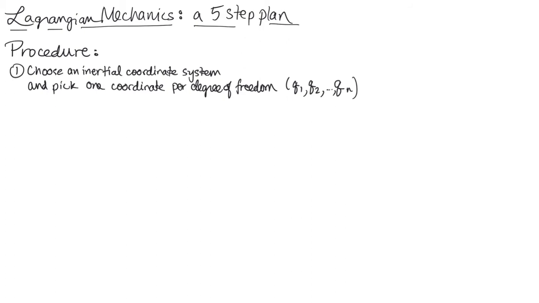The second point is, once you've identified a coordinate system and selected your coordinates, then it's time to write down the kinetic and the potential energies, and we'll talk through a foolproof way to do that. The most foolproof way that I'm aware of is to write everything in terms of Cartesian coordinates and then convert the Cartesian coordinates into the generalized coordinates, and we'll do an example of that.